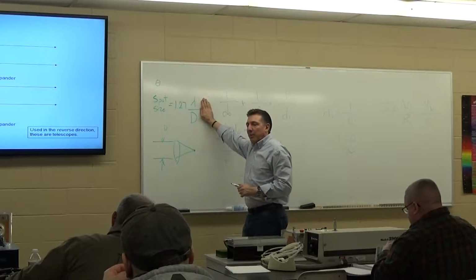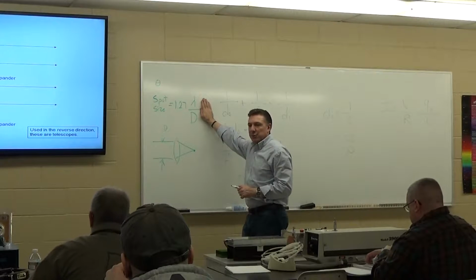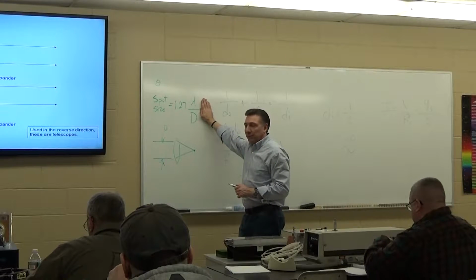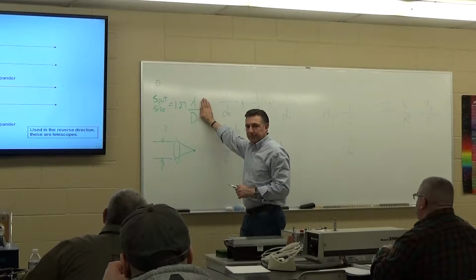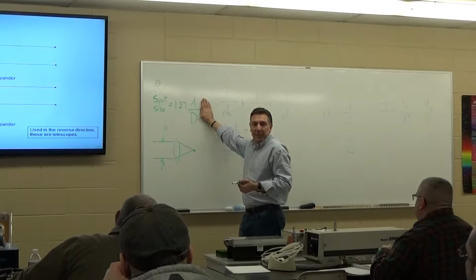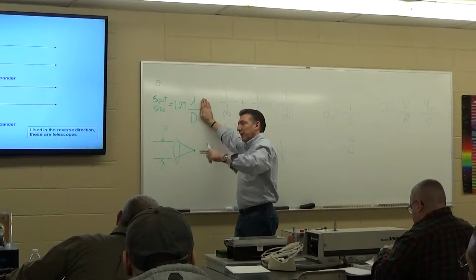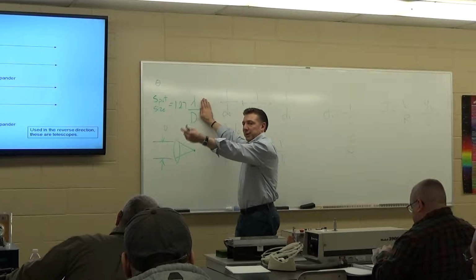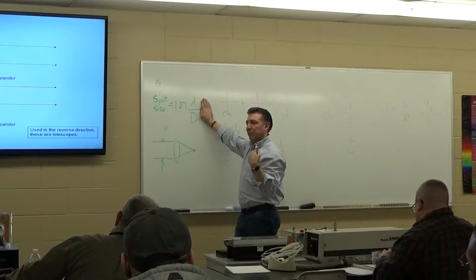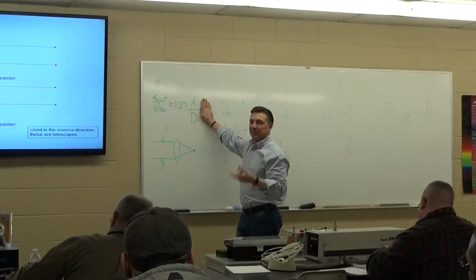So if I want my beam to spread out less as I'm shooting it at the moon, what do I have to do? Blow it up. Make it bigger. The bigger the beam, the straighter it's going to go. The straighter it goes, the less it's going to spread out. The less it spreads out, the more energy is going to hit the moon that can reflect back off the retroreflectors to come back and be detected.